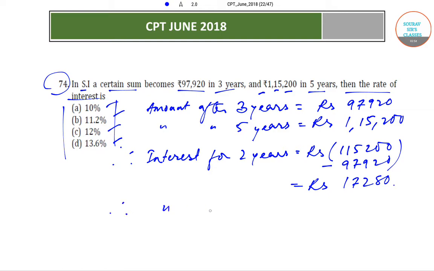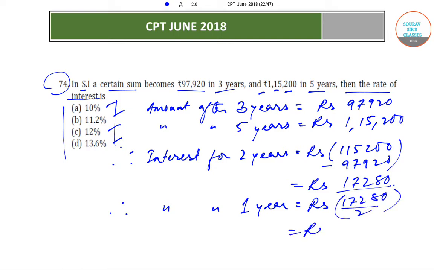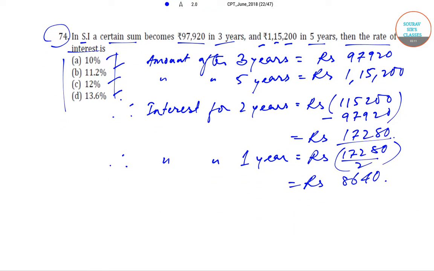So this implies that interest for 1 year will be half of this amount, which will be basically 17,280 by 2, which is nothing but rupees 8640. Since it is simple interest, we know that this is the interest throughout, which will be added every next year.